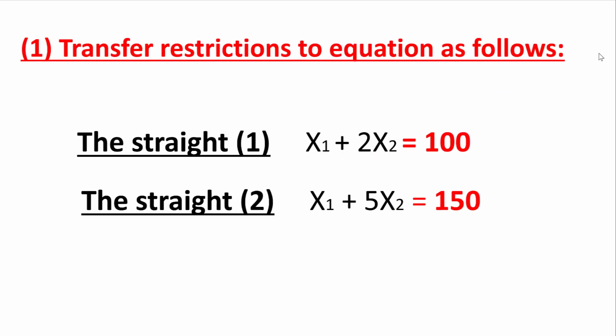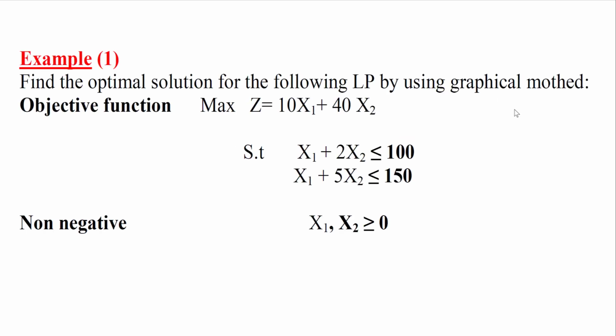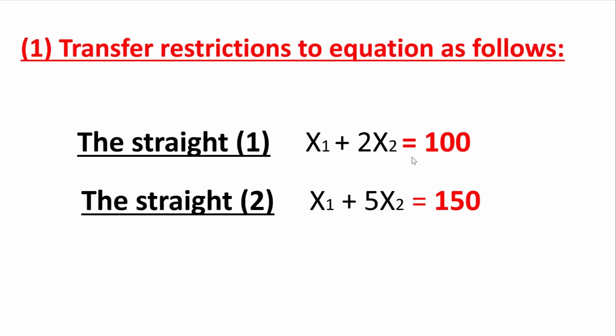So the strategy to solve this type of problem in the graphical method is as follows. The first step is to transfer all the restrictions to equations. What does this mean? Every inequality should be converted to an equality. So the first constraint, x1 plus 2x2 less than or equal to 100, will be x1 plus 2x2 equal 100.